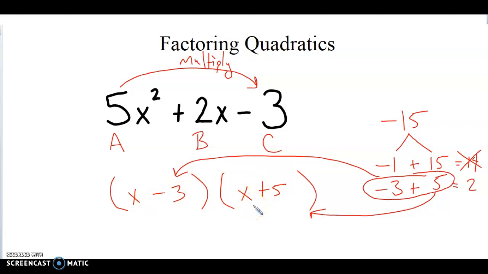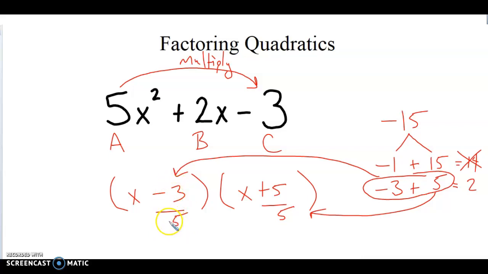Now, we're not finished. The last step is divide by a. We multiplied it in the beginning, so now we have to divide each of these numbers by our a value, by positive 5. Okay? Now we're almost finished. It's the last step. Does 3 divide evenly by 5? No. And so what happens is we have to have a whole number here.